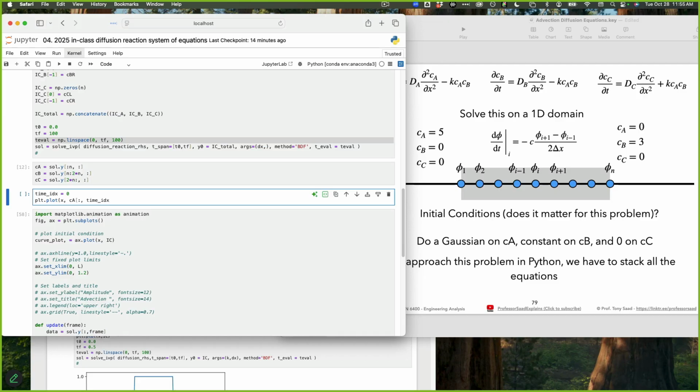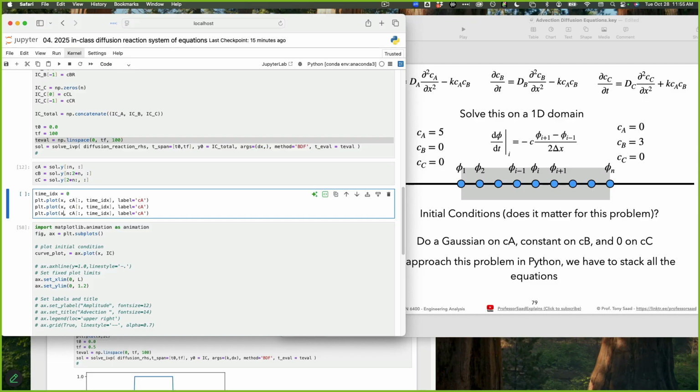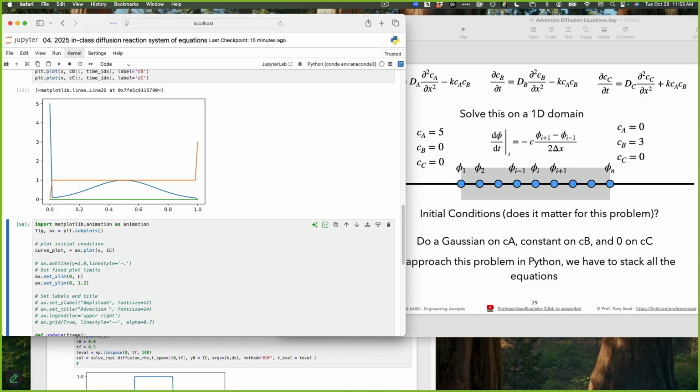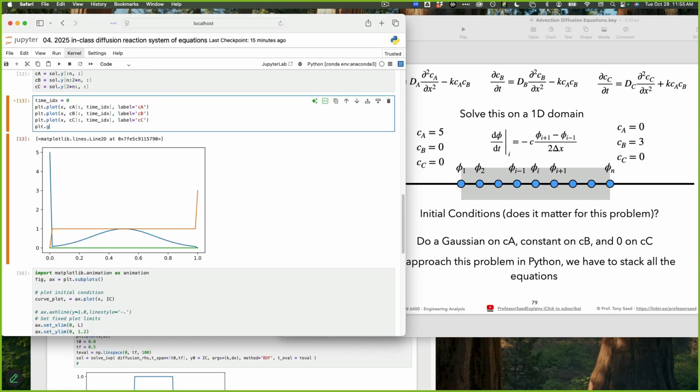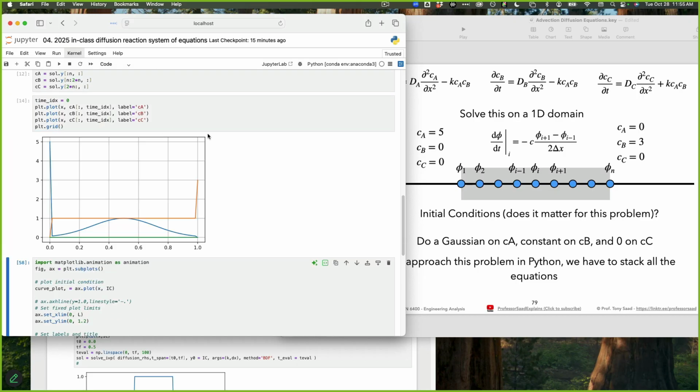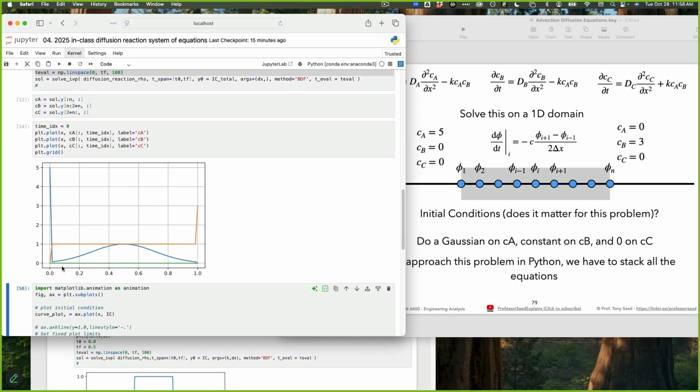So now we're inverting things again, and this is label equals CA. Then I'll copy paste, and we will do CB and CC. So the initial condition worked. plt.grid. Now we have the initial condition as expected.